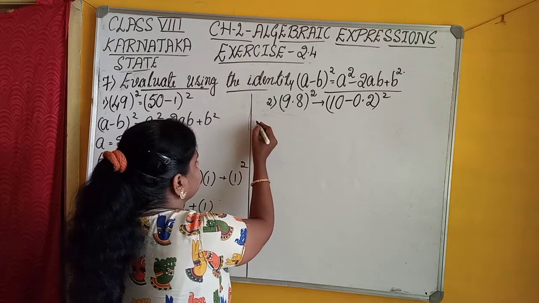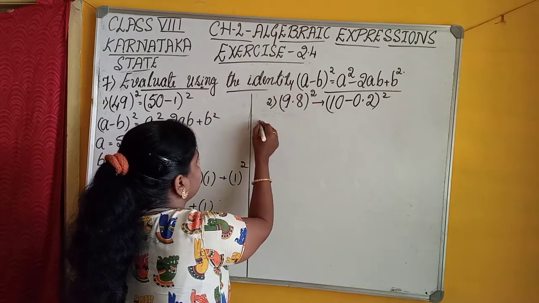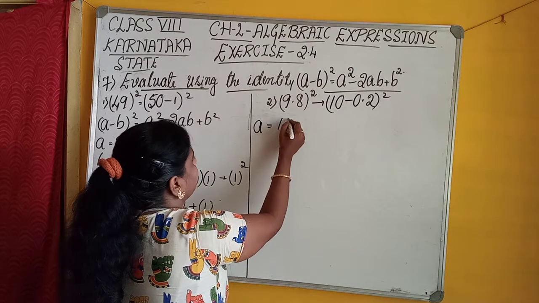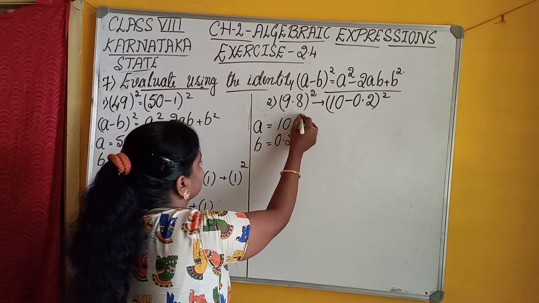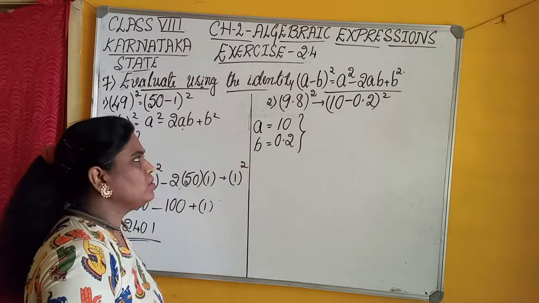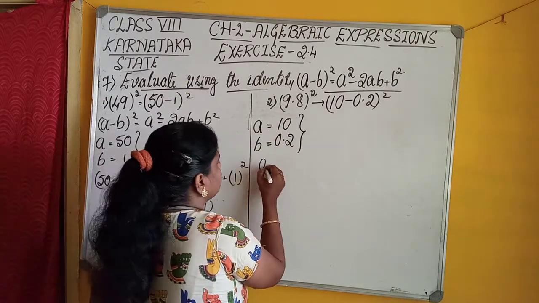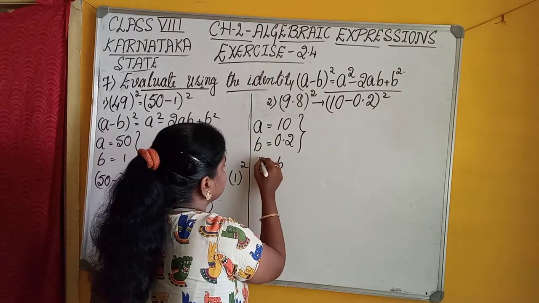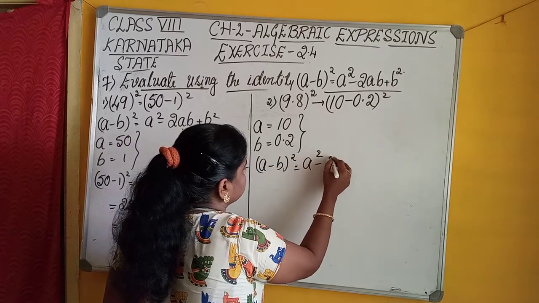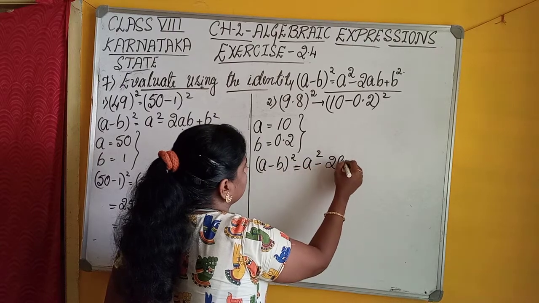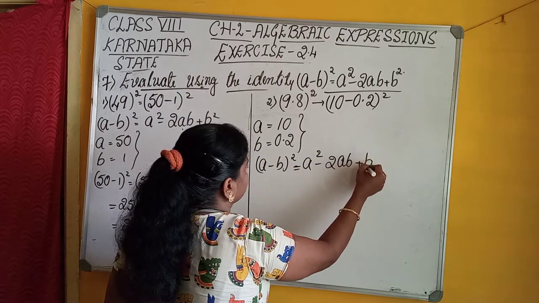Now substituting the values, the value of a is equal to 10 and the value of b is equal to 0.2. Now substituting these values in the equation, (a minus b) whole square is equal to a square minus 2ab plus b square.